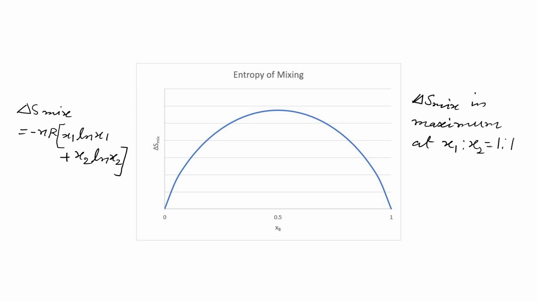Here it is maximum, while in case of delta G mixing it was minimum. And the value is X1 = X2 = half, or 0.5. So this is the curve.